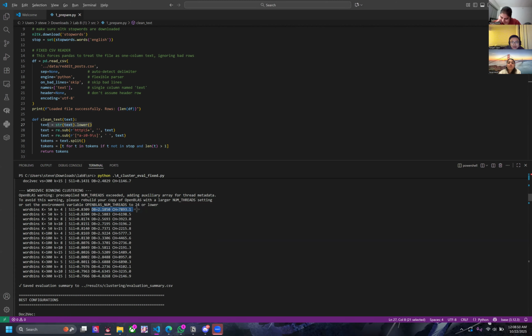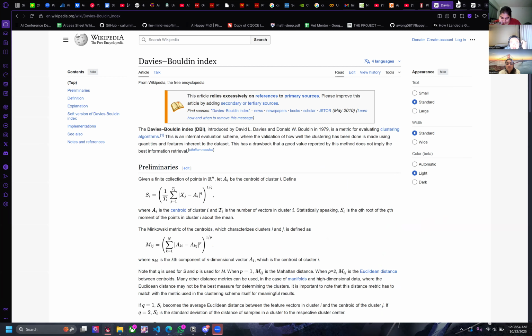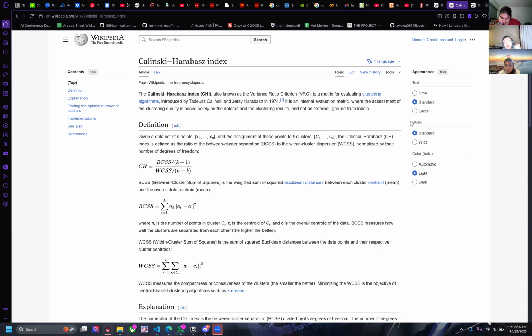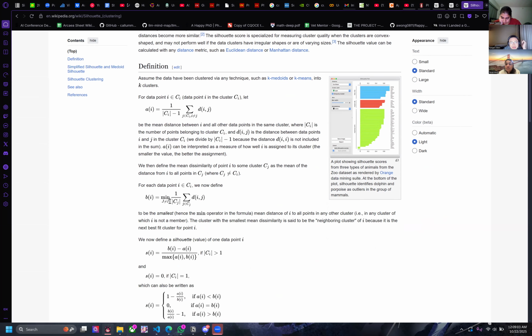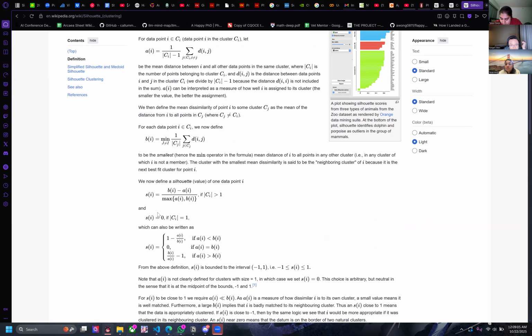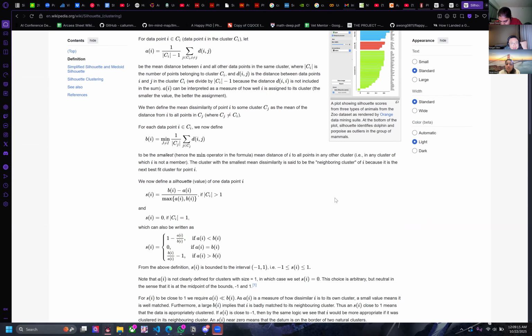And then we found out the Davies-Bouldin index and the Calinski-Harabasz index. I do not know how to spell the name, but the silhouette is basically just apparently a method of validating consistency within clusters of data.